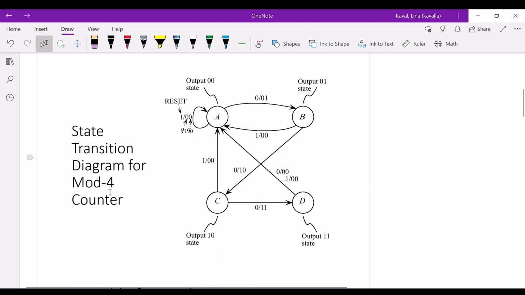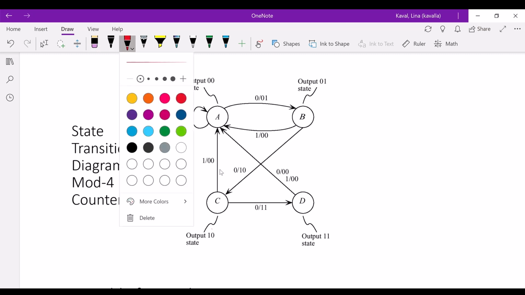So for this, we have four states for our 4 different outputs, because if you think about mod 4, what that means is we have 0, 0, we have 0, 1, we have 1, 0. Sorry, this is kind of small. Let me make that bigger. Sorry.